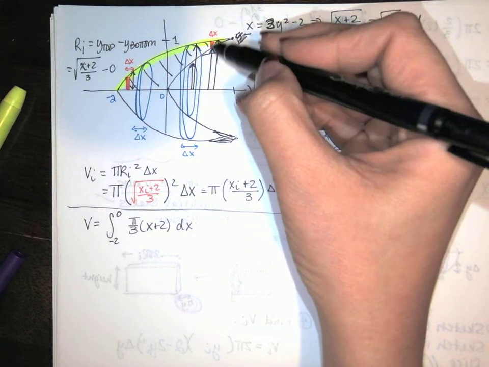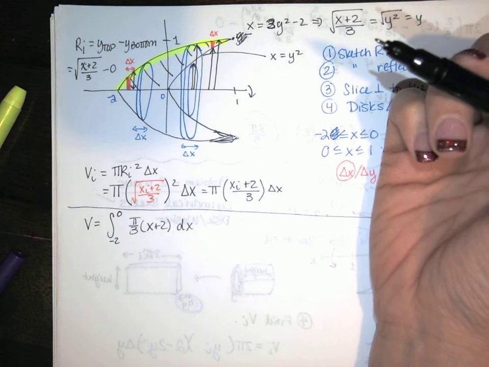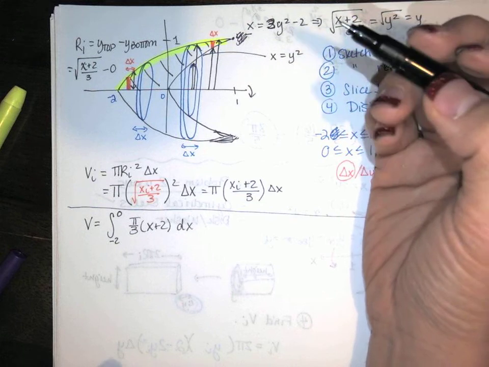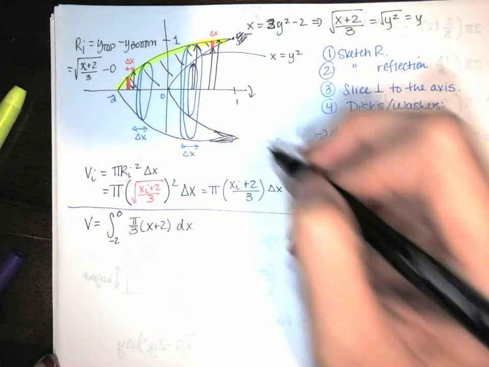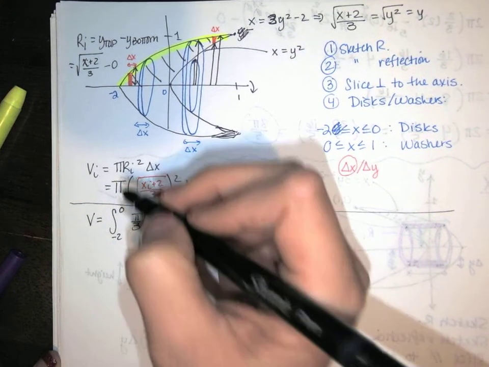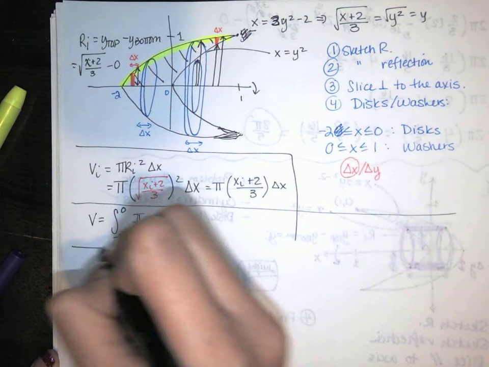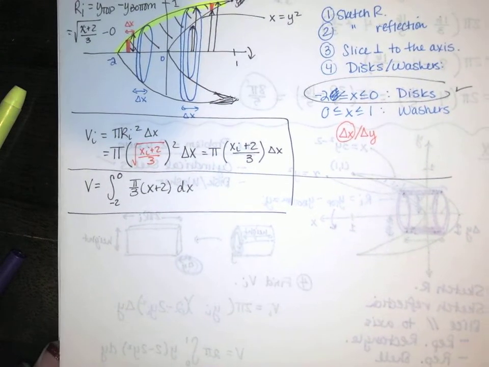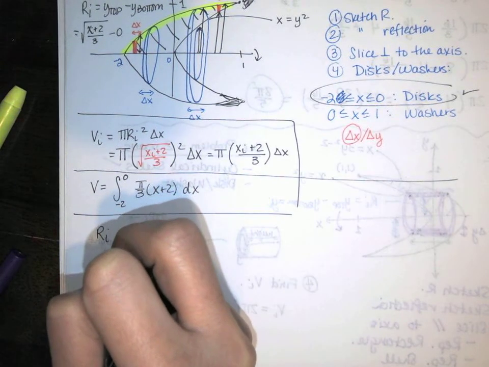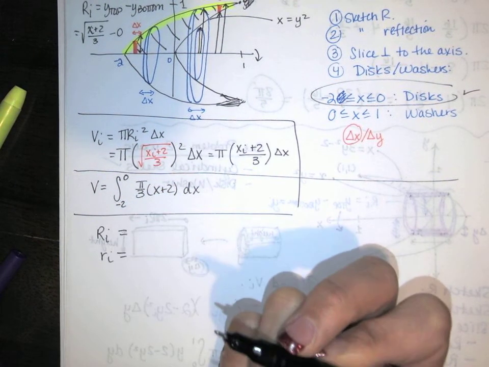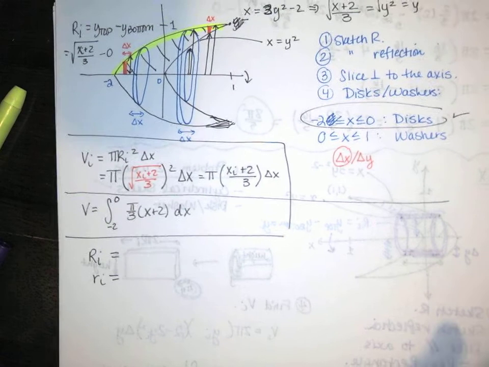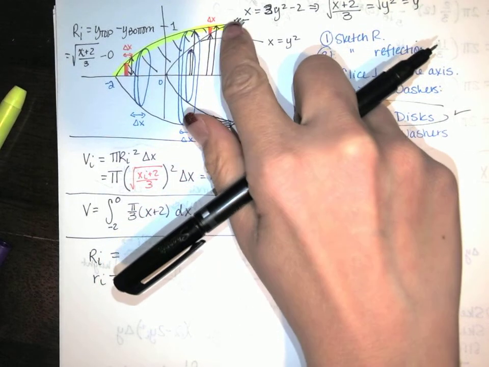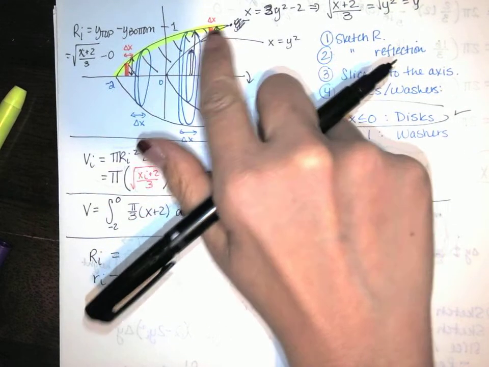Now these are still vertical distances, so you're going to use the top y value minus the bottom y value for these. I'm going to do all of that down here. So this was that first piece. That was this guy. Now we're on to the washers. So for the washers, I need the larger radius, excuse me, and the smaller radius. Larger radius is the y value on that yellow curve.